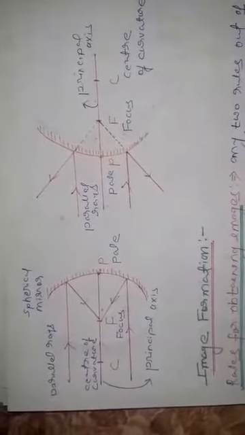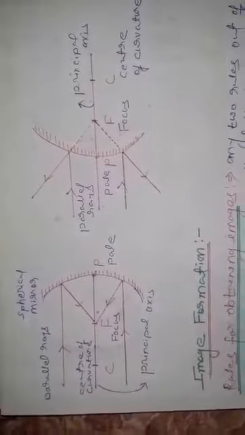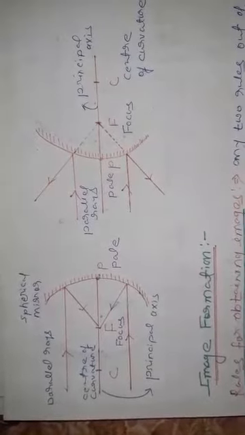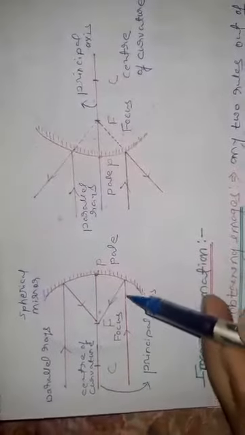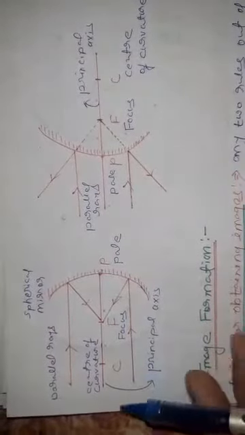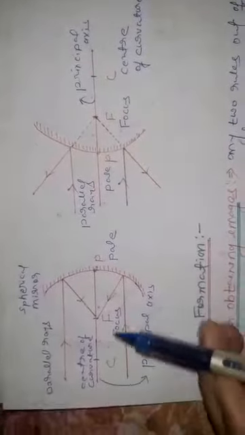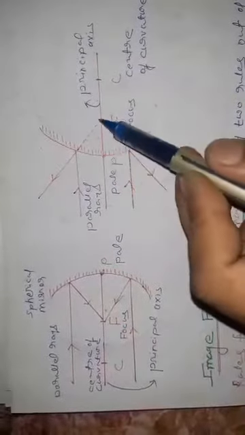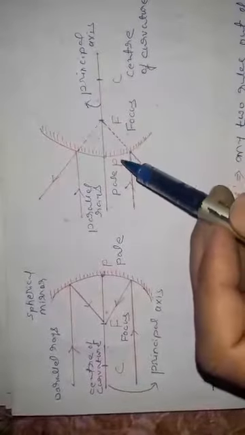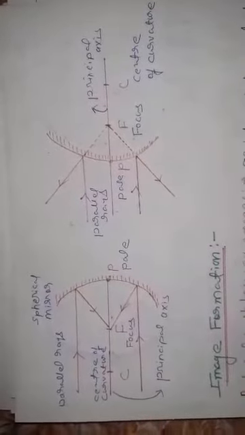What is the principal focus? Principal focus is a point on the principal axis where a parallel beam of light, after reflection, either actually meets or appears to meet in case of convex mirror, is called the principal focus.